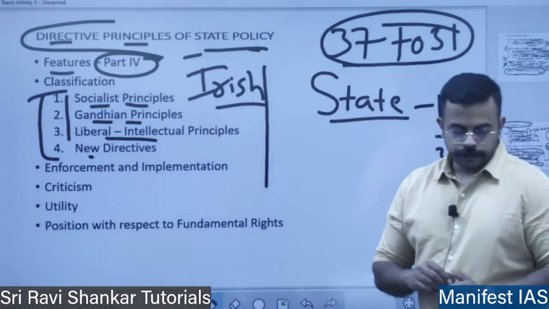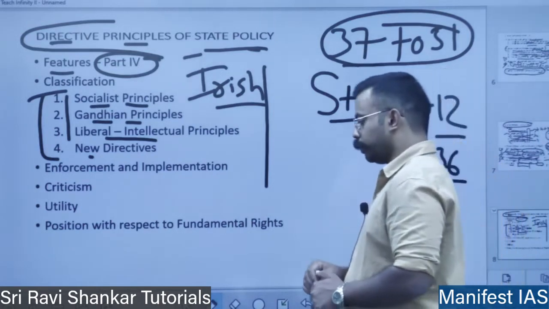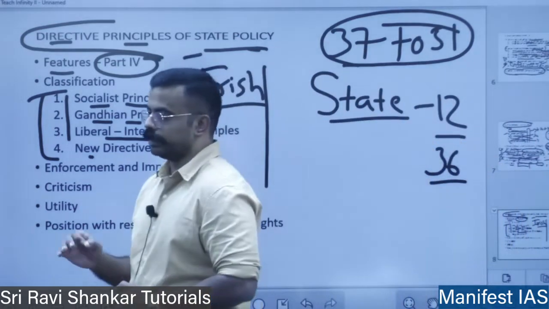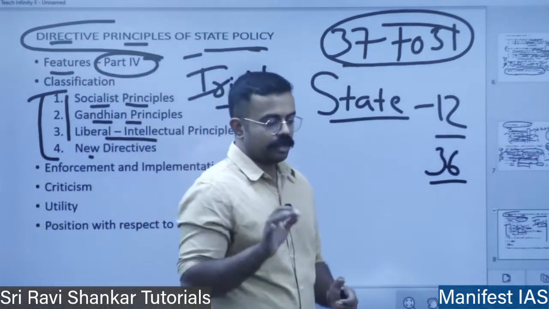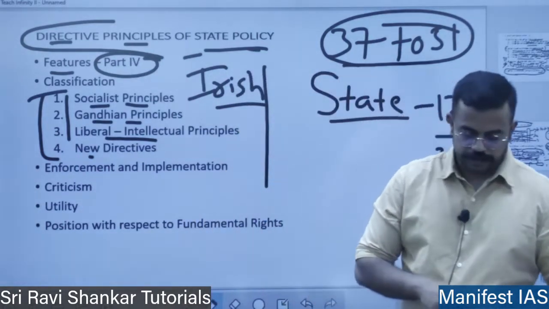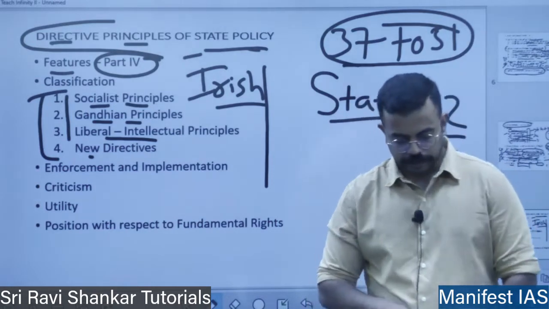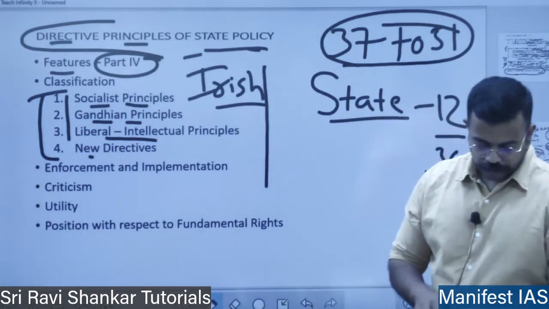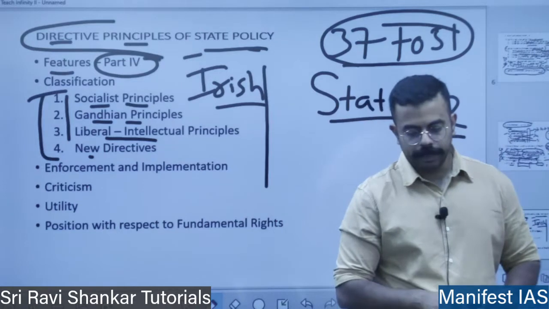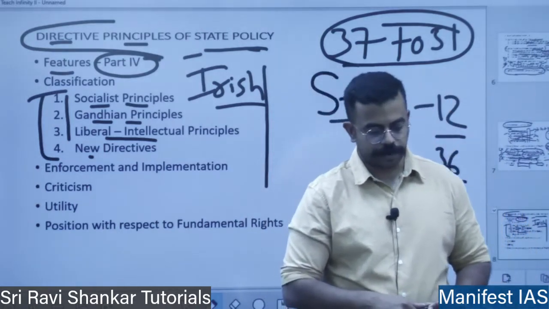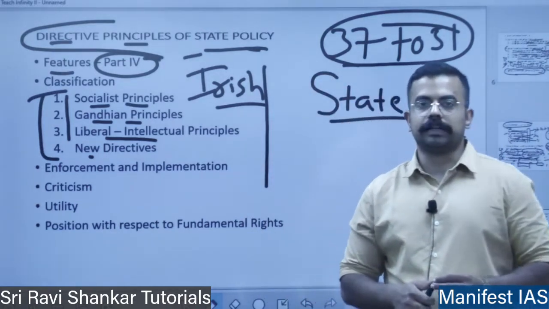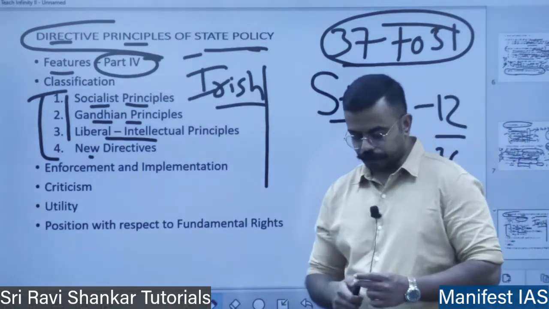Next, I told you, legal aid for the poor. Free legal aid for the poor is 39A. That is also a socialist principle. Next is right to work, to education and to public assistance in case of unemployment. Article 41, that is also a socialist principle, right to work.